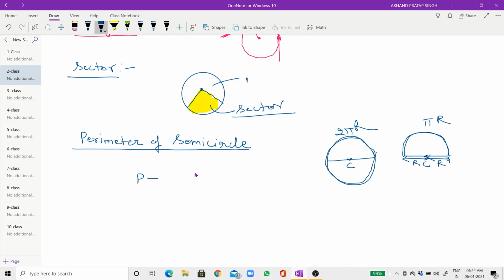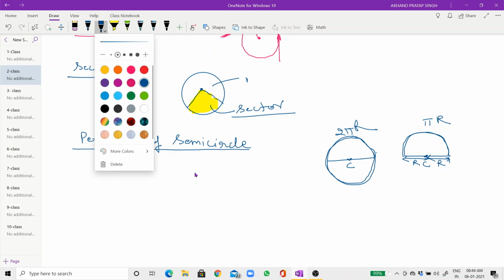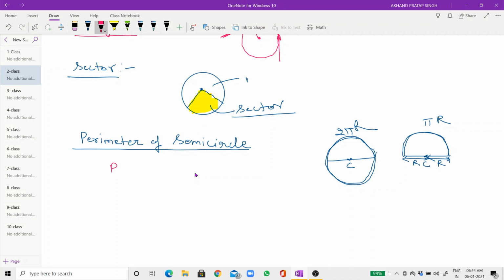The perimeter of a semicircle is equal to, we start from this point, so this is r, plus again this portion r, plus the circular part, which is pi r.